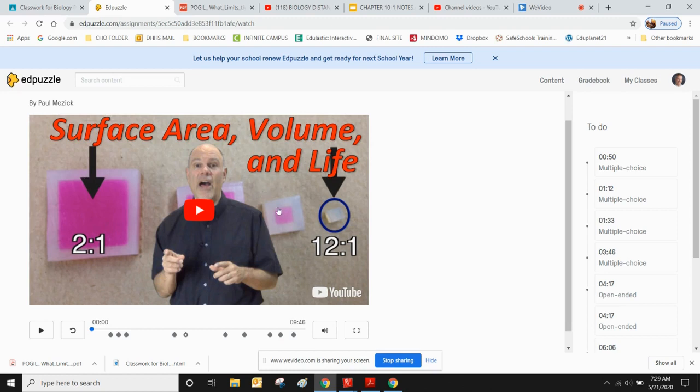But the percentage of pink not reached in the smaller cube is less than the percentage of the whole cube compared to the large one. So that's the key. The smaller you are, the greater percentage of the inside of the cell you can meet the demands for, such as food, nutrients, and also pulling the waste product out.